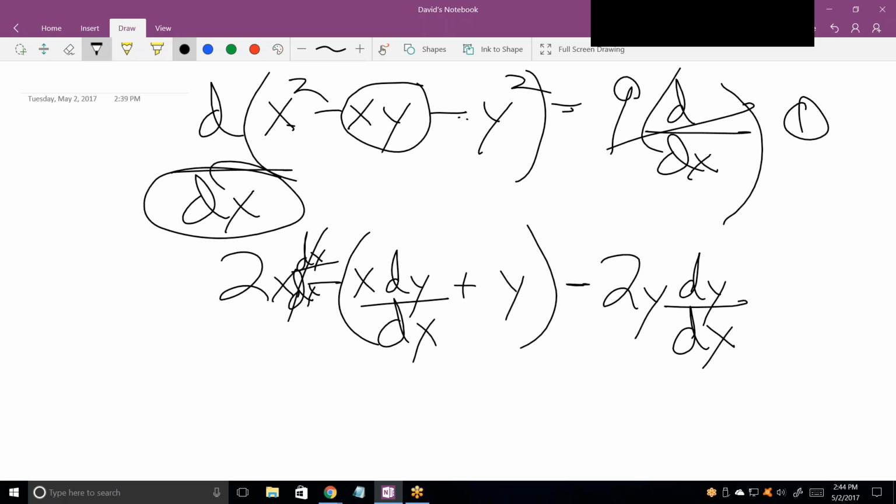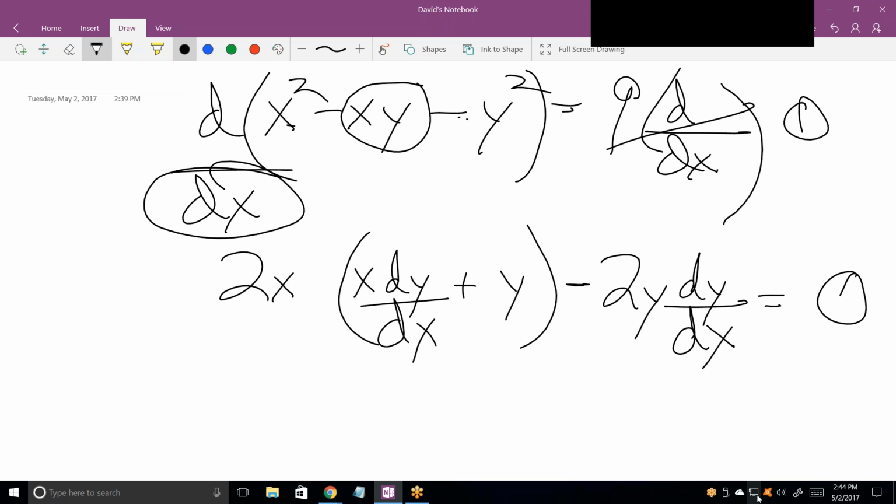Now, all of that is equal to 0. The right side went to 0. Now, the way we're going to solve this for dy dx is we're going to move everything that does not have a dy dx to the other side.